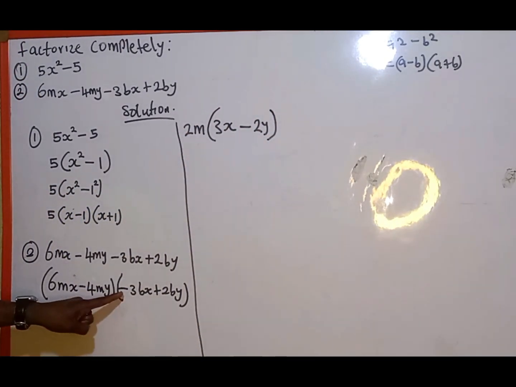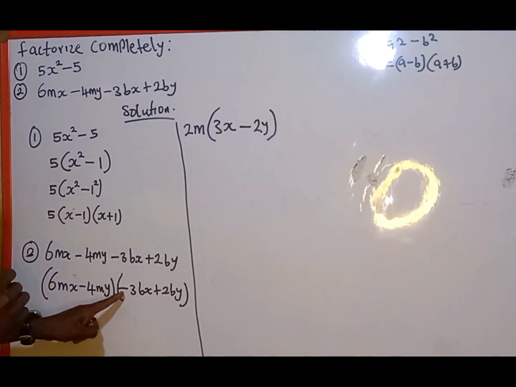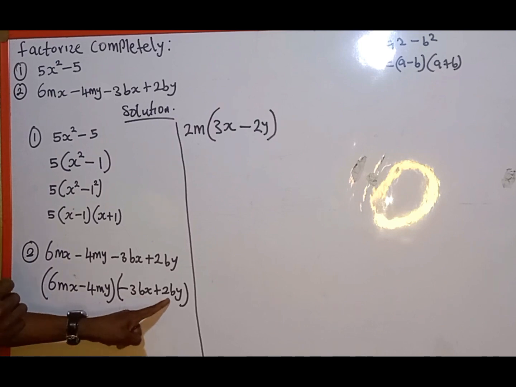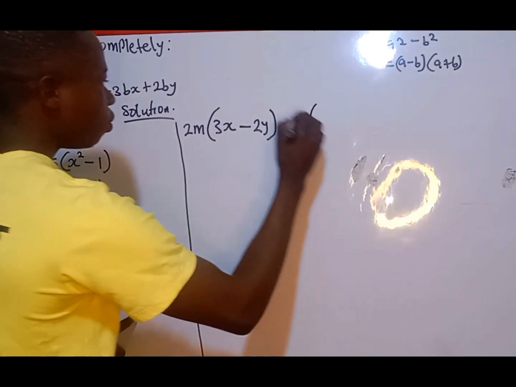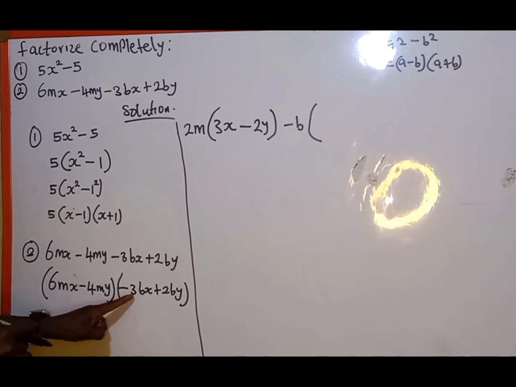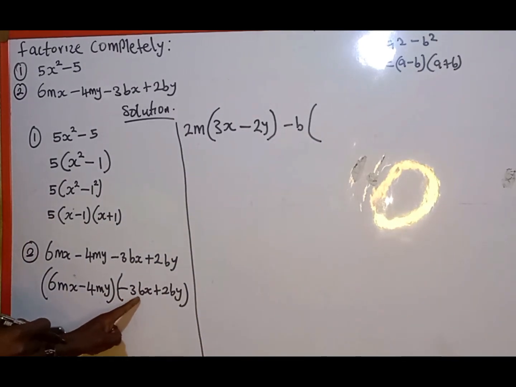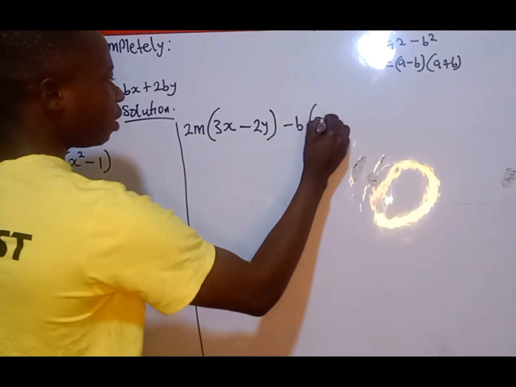Now the next thing is to factor out the common term from the second bracket. We have negative 3bx plus 2by. We notice that for 3 and 2, there's nothing common, but b is here and b is also here. Therefore, negative b is common here. So then we open another bracket. Negative 3bx divided by minus b, the minus b is going to cancel, and we are left with only 3x.